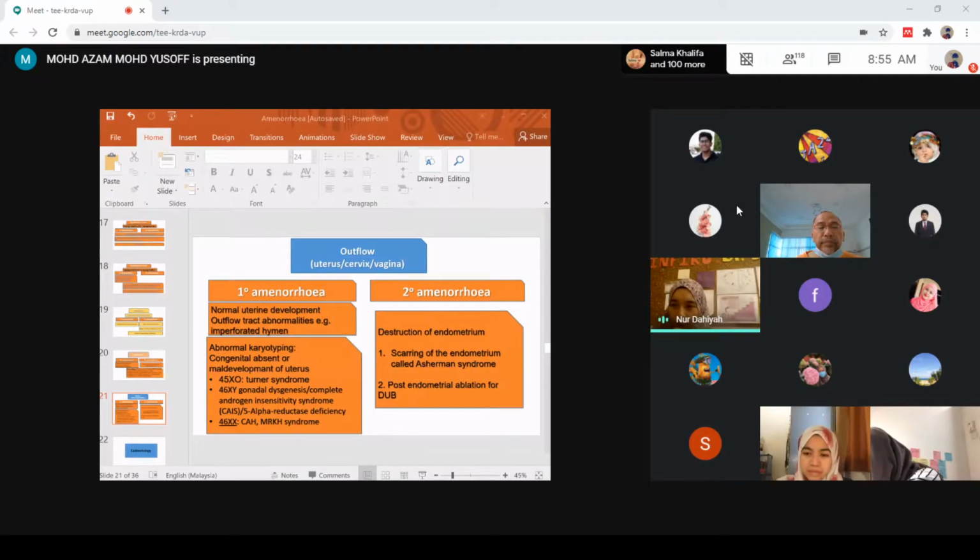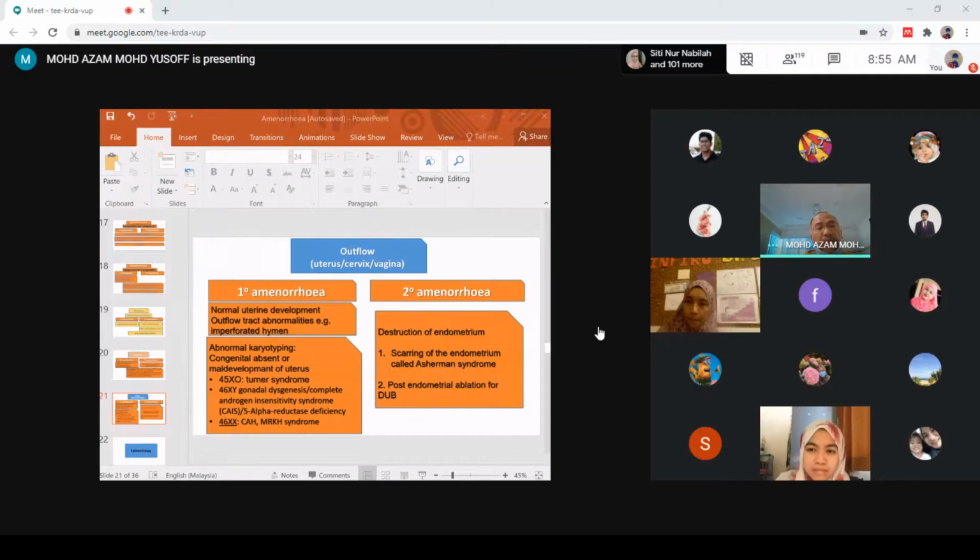Under the ovarian causes of amenorrhea, does it also explain hyperthyroidism causing amenorrhea? Some people say thyroid can cause amenorrhea. Not many cases actually. Very rarely, thyroid can cause amenorrhea.